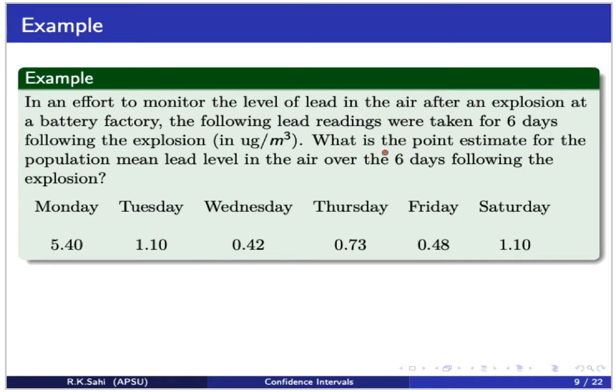But what the question we are looking for is, what is the point estimate for the population mean level in the air over 6 days following this explosion? So that means this, from Monday to Saturday, is our sample set. And we would like to find a point estimate for the population mean.